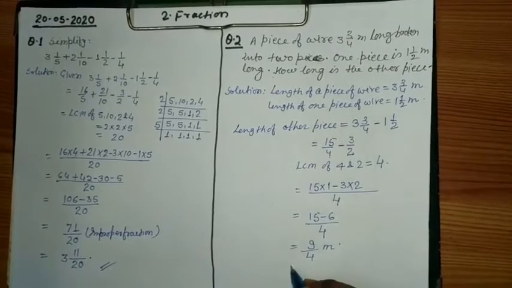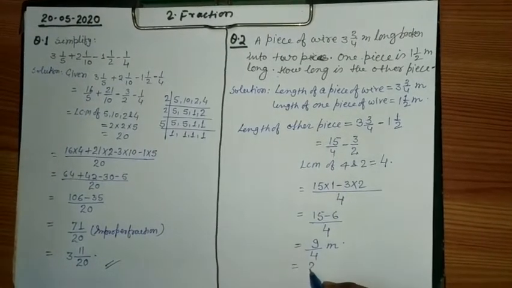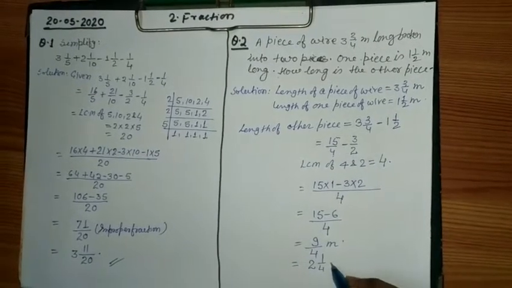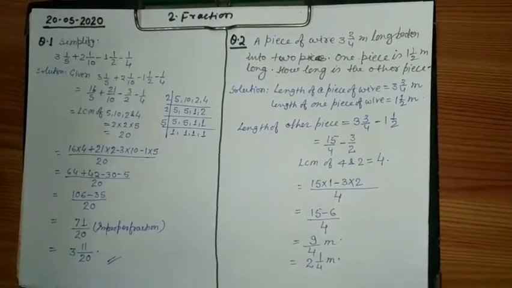Change into mixed fraction: 4 twos are 8, 2 whole 1 upon 4 meter.